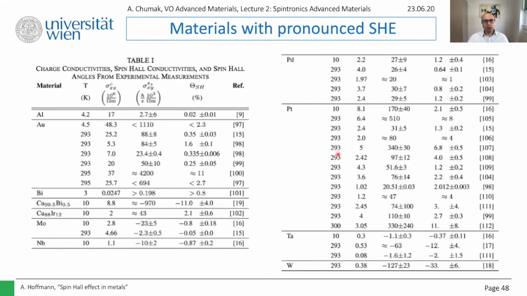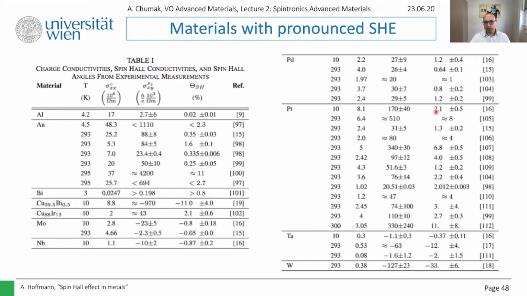Then if you look at the spin Hall angle, this column, you will see that the angle is around 1 or 2 degrees, which is 2 orders of magnitude larger than in aluminum. Therefore, the spin diffusion length, as we were speaking in spin accumulation, is short here. So let's say 10 nanometers.